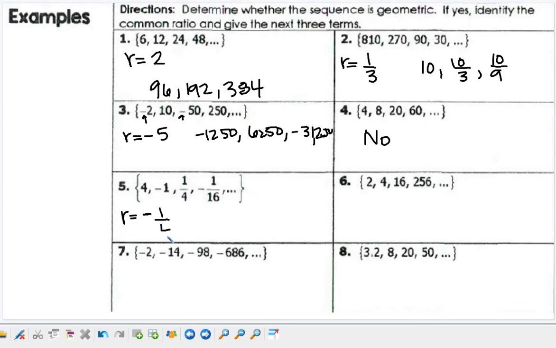So my ratio is negative 1/4. And my next 3 terms, so multiply by negative 1/4. The next one's going to be a positive, 1/64. Next one has to be negative, 1/256. And the next one will be positive, 1/1024.